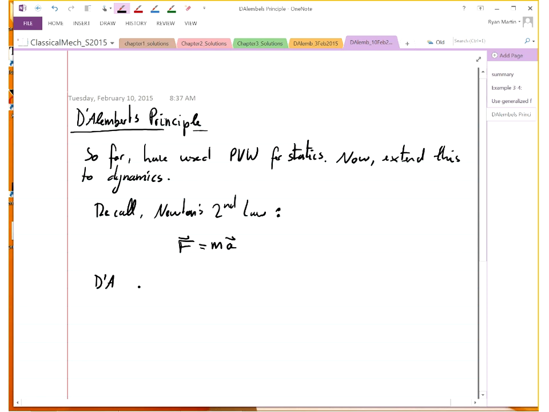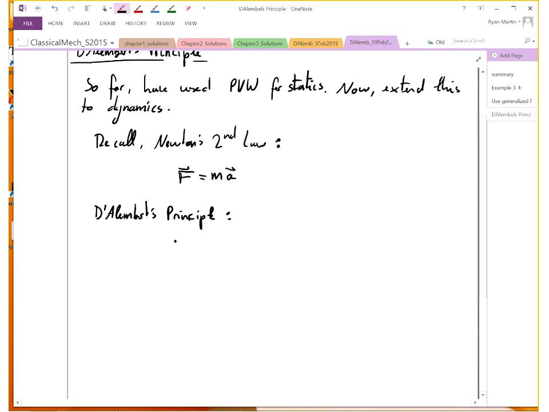D'Alembert's principle, its true genius, is that F minus ma equals 0. And that was a truly genius step. It looks pretty trivial, right? I'll just move the ma to the other side of the equation.